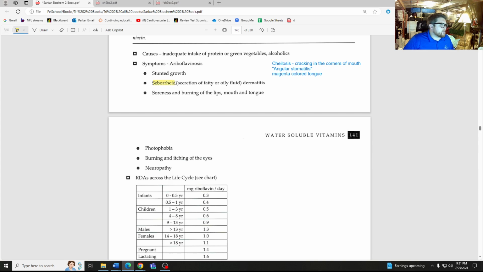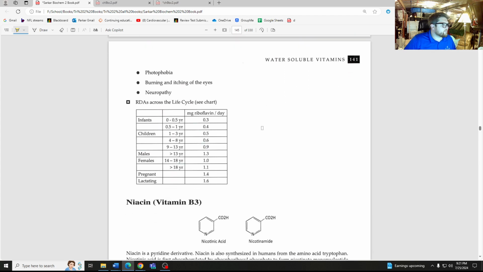That seborrhea is most commonly what they test on. Like I say, it fits with that cheilosis. Same thing with the RDAs: around 1 for adults, around 0.5 for children.